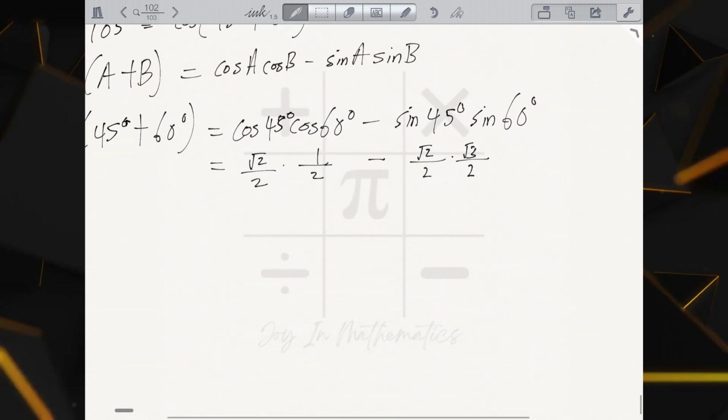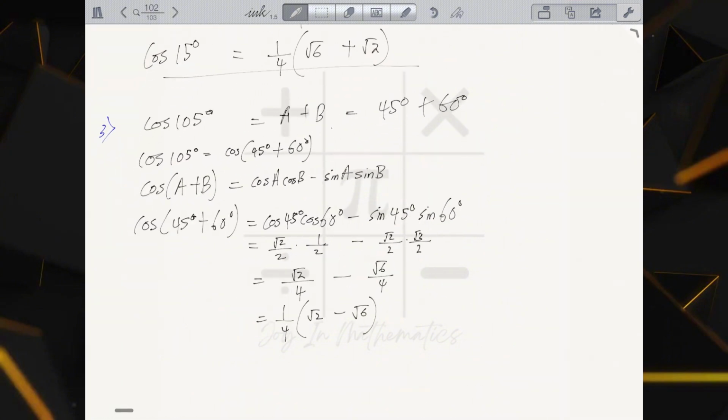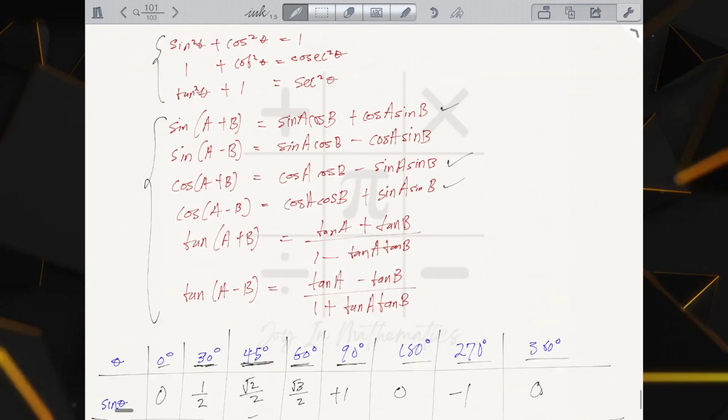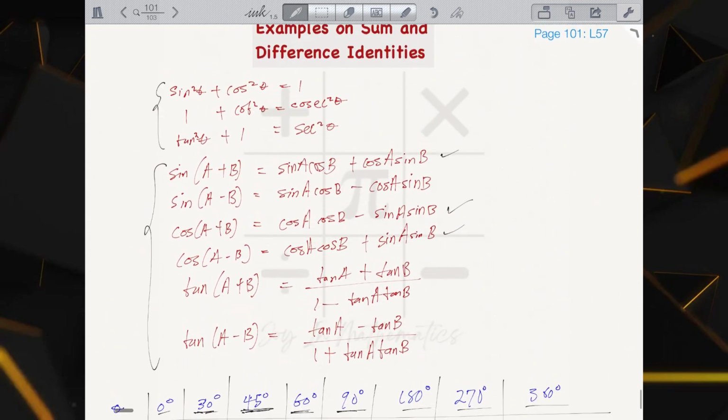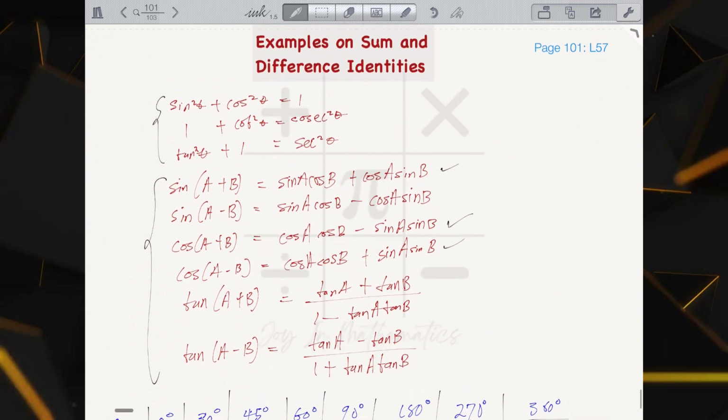So with this, we simplify further according to the rule of sorts. This will give us root 2 over 4 minus root 6 over 4. So if we simplify now, we'll have 1 over 4 times (root 2 minus root 6). And all that we did was to implement these trigonometric identities alongside the special angles table. Let's take more examples on this concept to establish understanding.